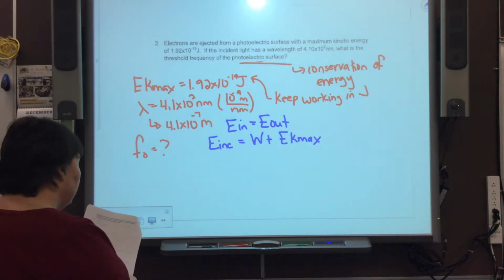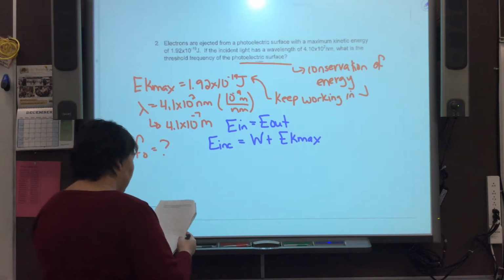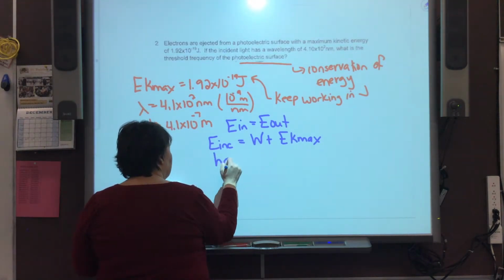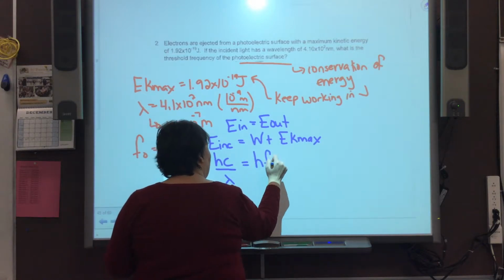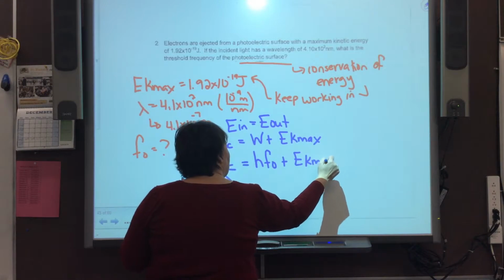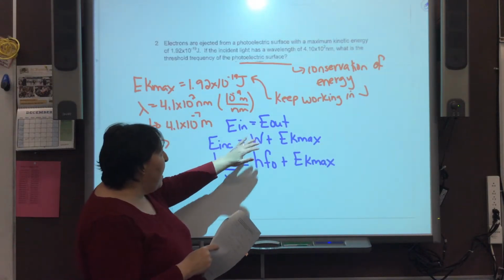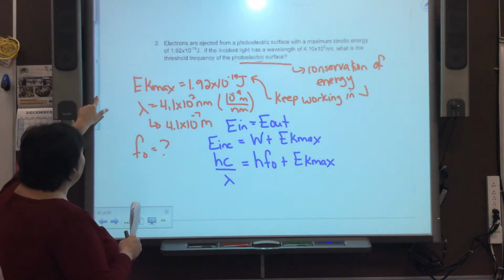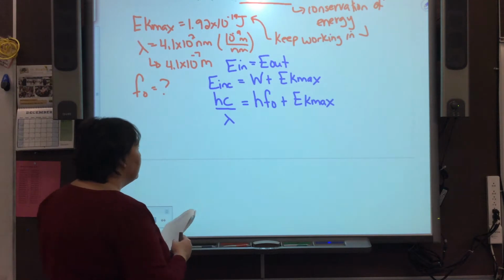They're interchangeable. 1 plus 2 equals 3. 2 plus 1 equals 3. We're good to go. HC over lambda is equal to HFO plus EK max. Okay, because we don't have E incident and we don't have work, but we can figure out that information based on the formulas that are used for each one of those.